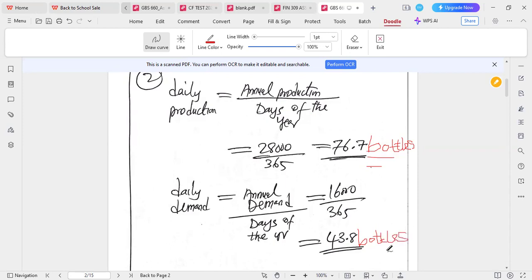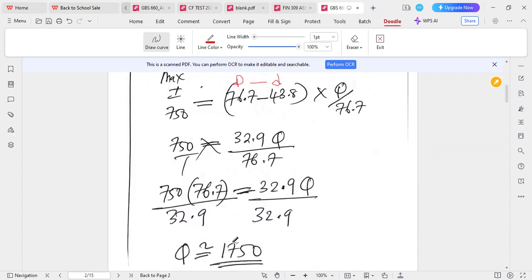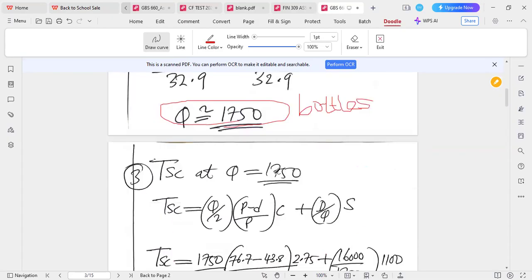Then we have the maximum inventory formula. This is P minus D multiplied by Q over P. So finding the value of Q, our Q was 1,750 bottles. After finding the 1,750 bottles, we now had to find the total stocking cost.